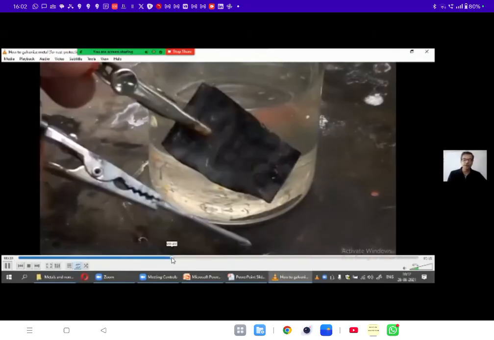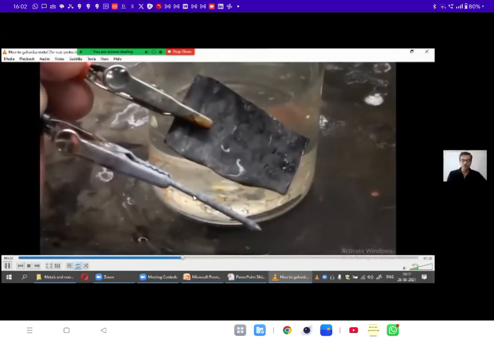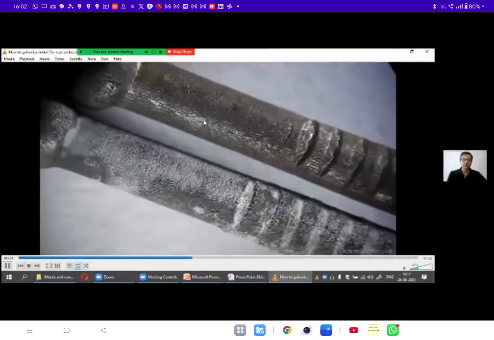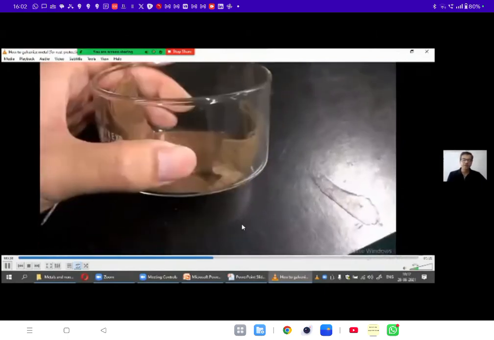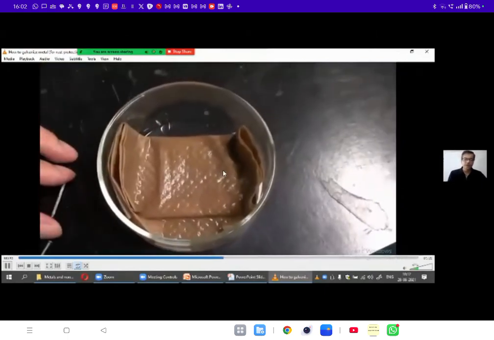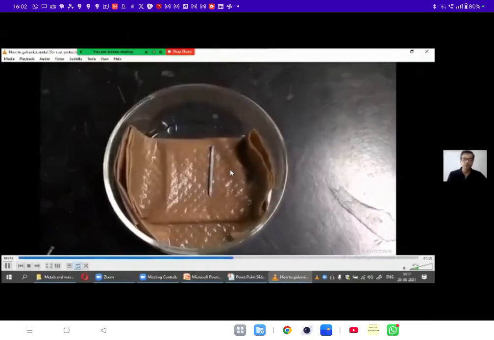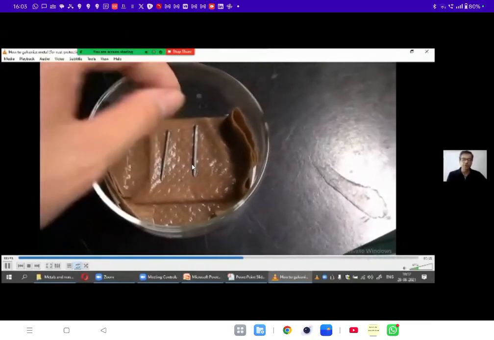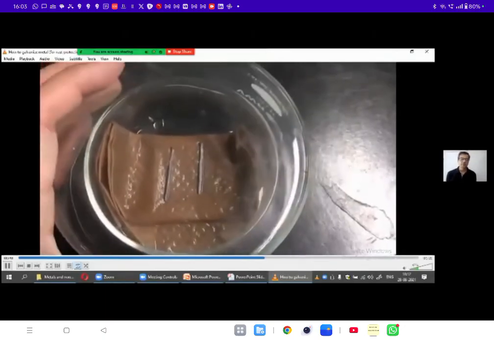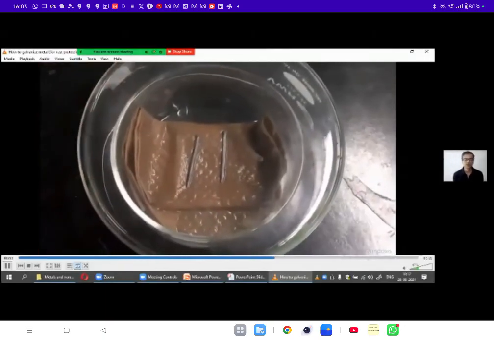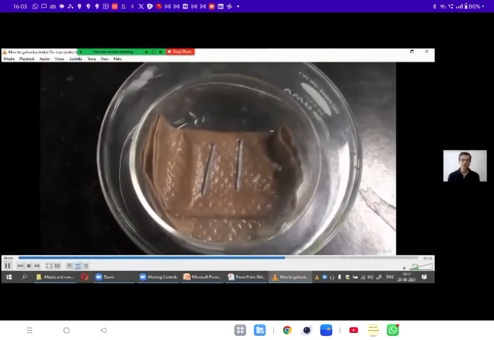Such a thing is called galvanized. This nail now has a coating of zinc. This is the normal nail at the top, and this is the bottom where there is galvanized zinc. To show you that, he purposely puts these two, the galvanized one and the normal one, in a moist condition. This is a paper which is moist, water is added, and you keep it for 3-4 days.